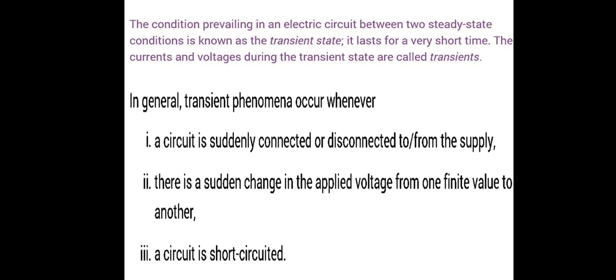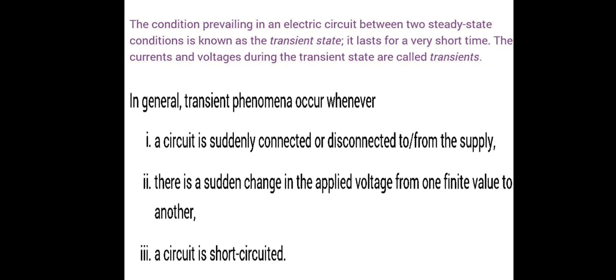In general, transient phenomena occur when a circuit is suddenly connected to or disconnected from the supply. If we take a capacitor and the sudden voltage increases, then the capacitor acts as a short circuit, the current is maximum and the voltage tends to zero. In an inductor, if the circuit is suddenly opened, the voltage tends to infinity and the current comes to zero. This action takes place in inductance and capacitance storage circuits generally.